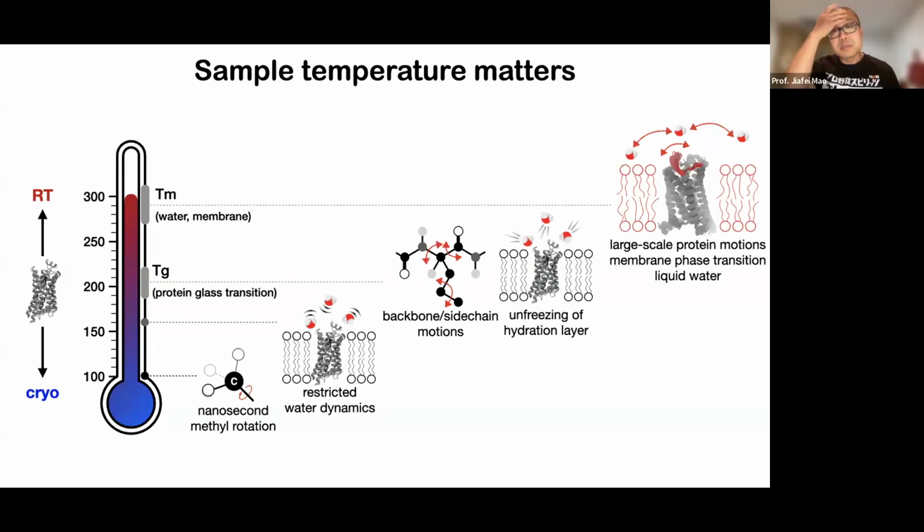So the problem is when you freeze the sample to 100 Kelvin, which is often loved by most of the DNP experiments, you start to freeze all the dynamics in your complex biomolecule system. So now your protein does not look like one conformation, but shows a conformational distribution, the static disorder, which will definitely cause line broadening.